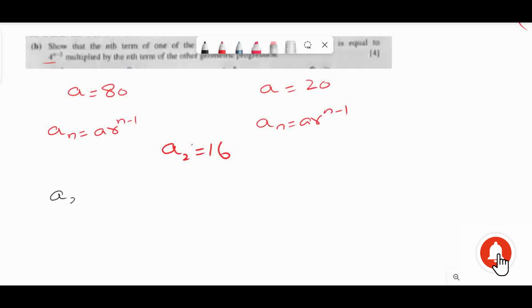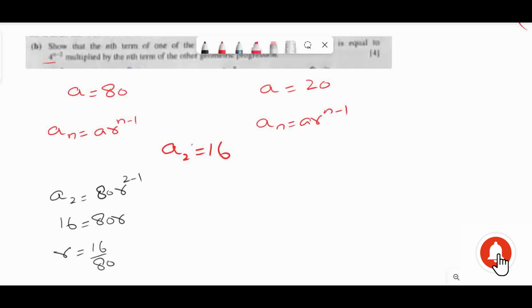For this case, a2 equals a r to the power 2 minus 1, where the value of a is 80. As we know that a2 is 16, it means 16 equals 80r. So from here we can say r will be equal to 16 by 80.